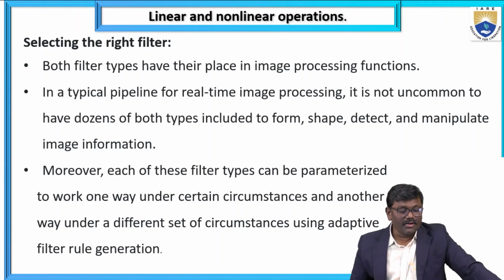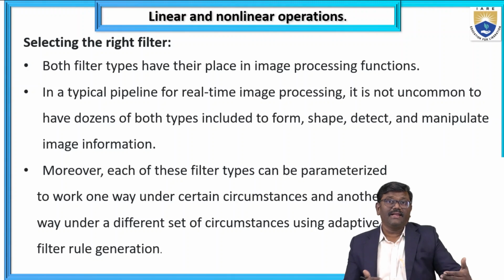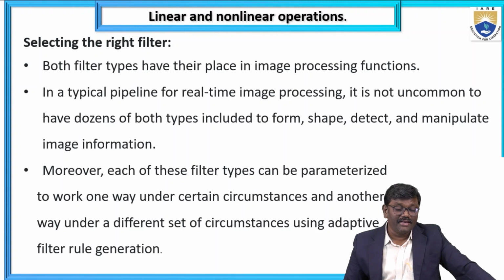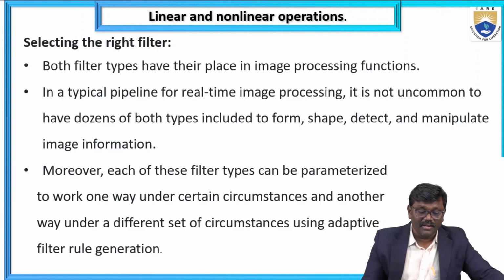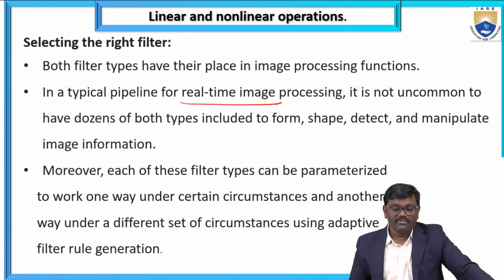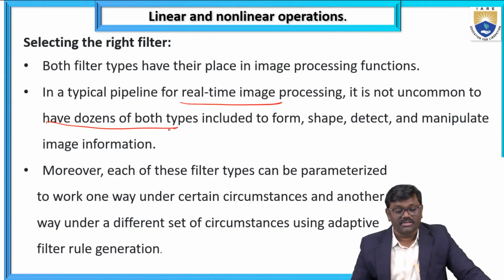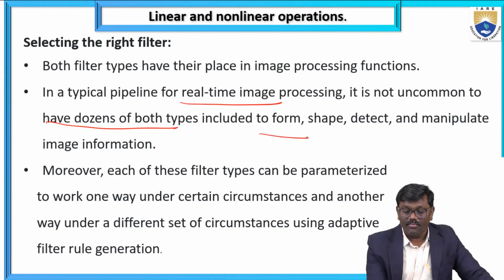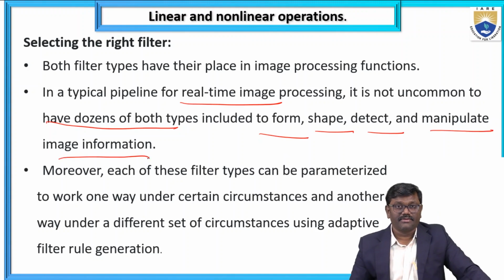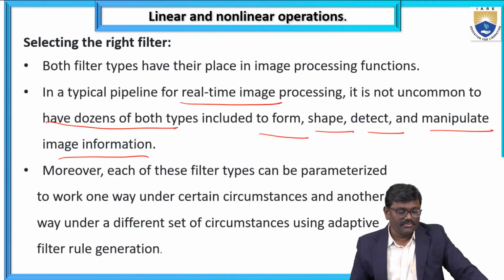So we keep on with our engineering process by selecting the right filter based on your linear data or non-linear data, with the help of your knowledge in real-time image processing. It is not uncommon to have dozens of both types included to form or shape, detect or manipulate image information.